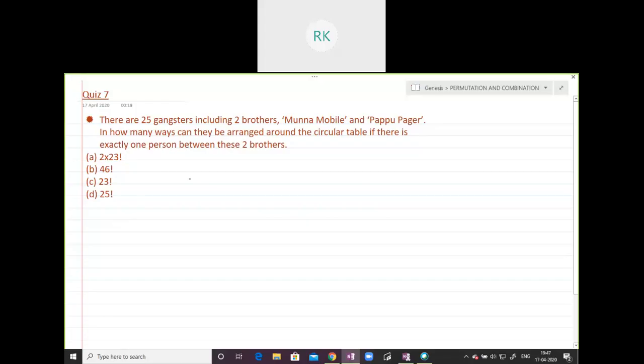Remember, there are 23 ways the 2 brothers can sit, I mean, one person can be in between the 2 brothers. 23 ways, and the remaining 22 factorial ways they can arrange, and the 2 brothers can also be arranged in two ways. So it is 22 factorial into 23 into 2. Very, very simple.